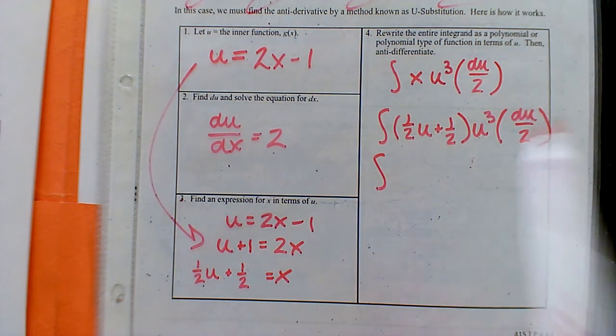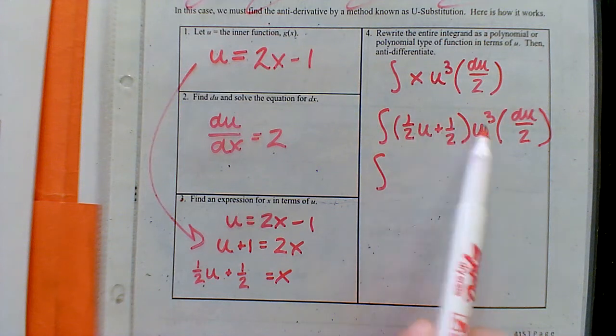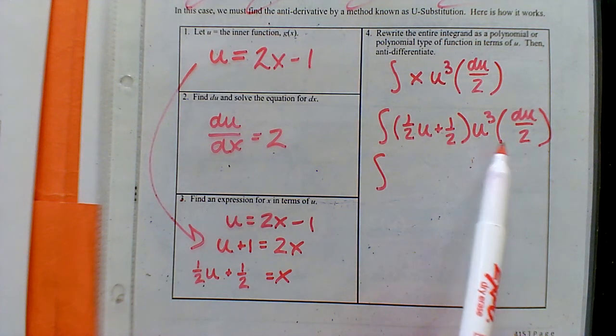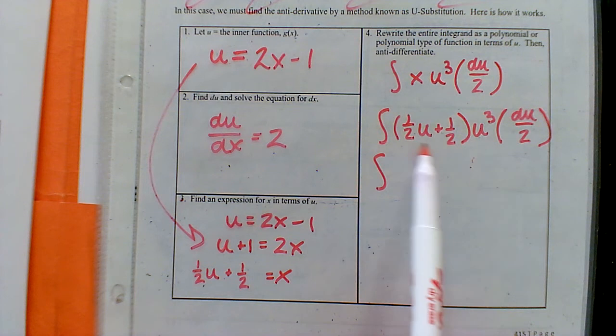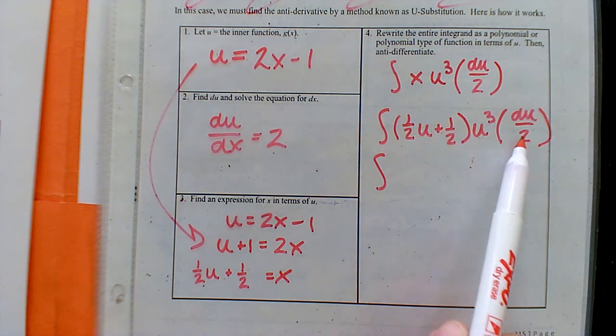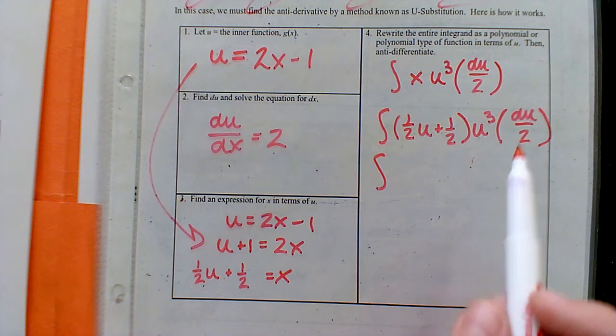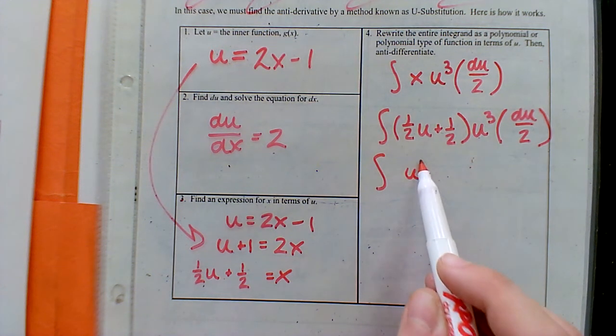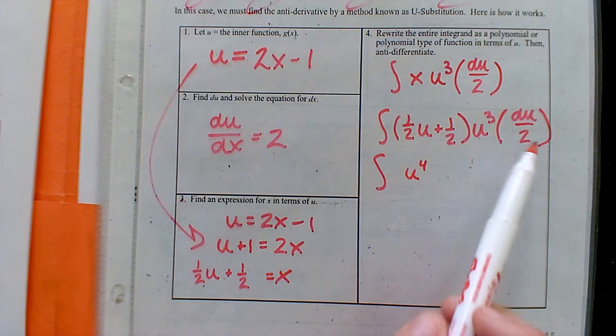Okay? It looks like we can probably distribute in that u to the third, but then we can also distribute in that 2 that's in the denominator. So we'll bring in the u to the third, and then that 2. If we bring in the u to the third, our first term would be a u to the fourth.